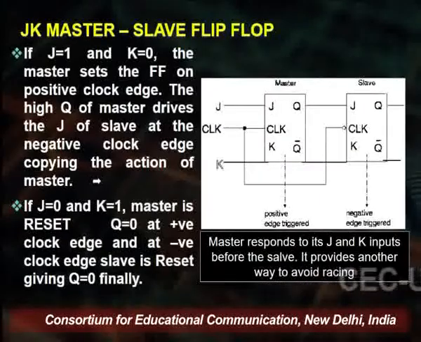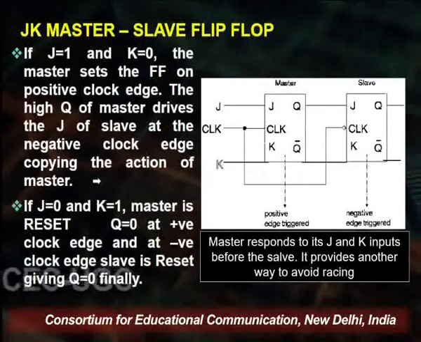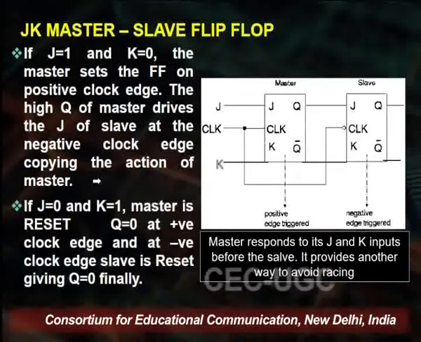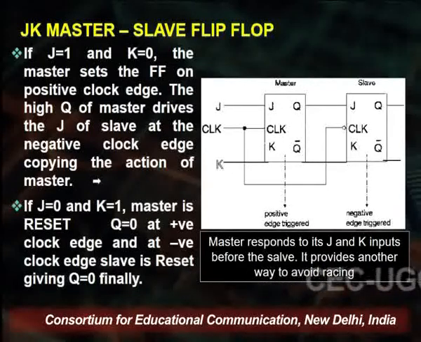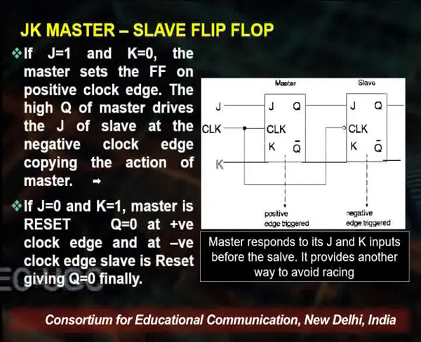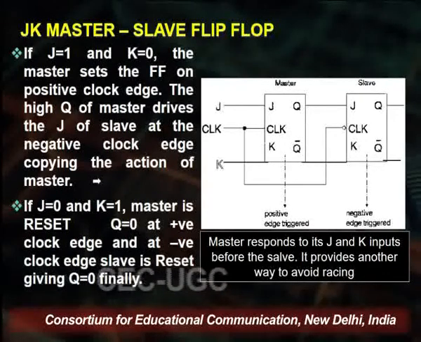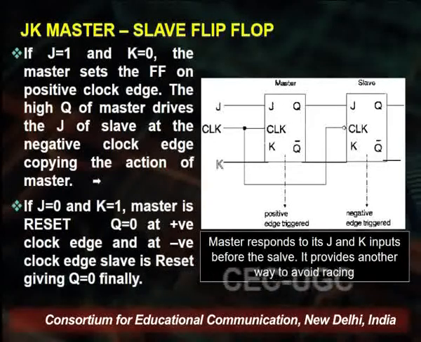So what we do in order to overcome this problem, we either use edge triggering. With edge triggering, we can understand that edges are much faster than levels. Like I typically said, they are 1000 times faster typically, and hence there is no toggling in between, and hence we have a stable output.